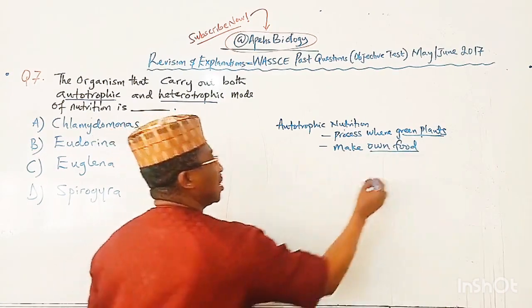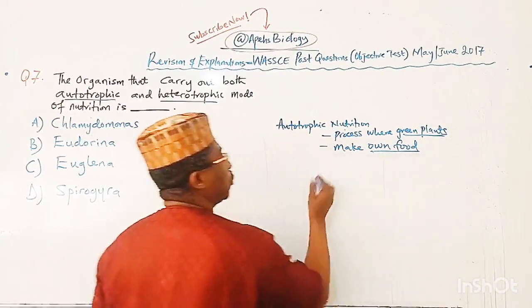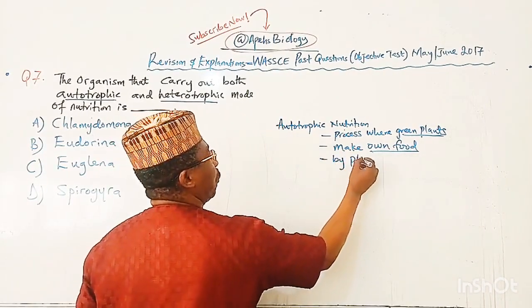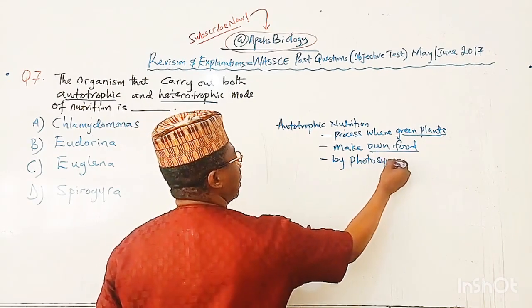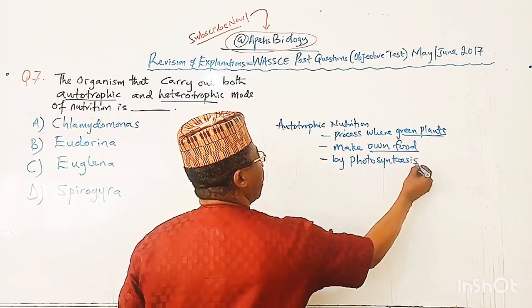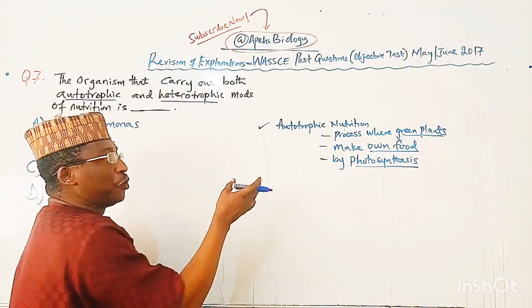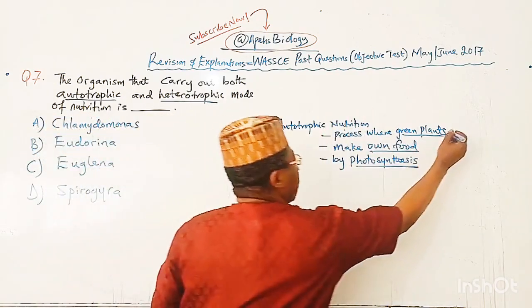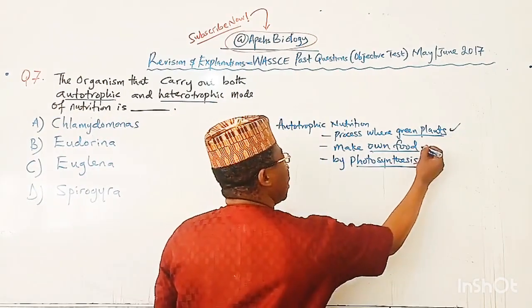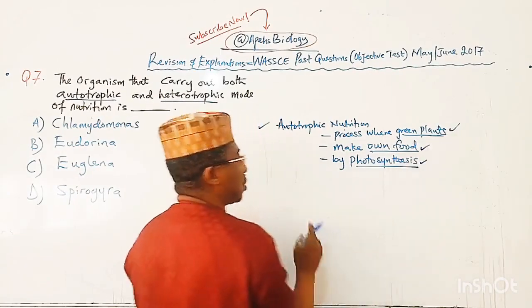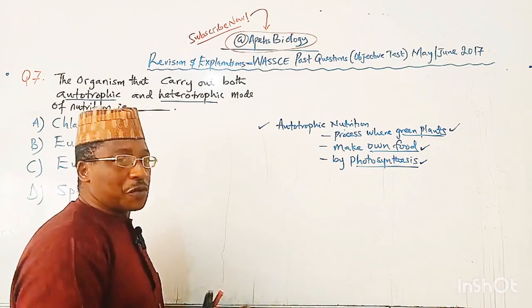It's a process where green plants make their own food by the process of photosynthesis. That means sunlight is involved. It occurs in plants, and it of course involves photosynthesis.